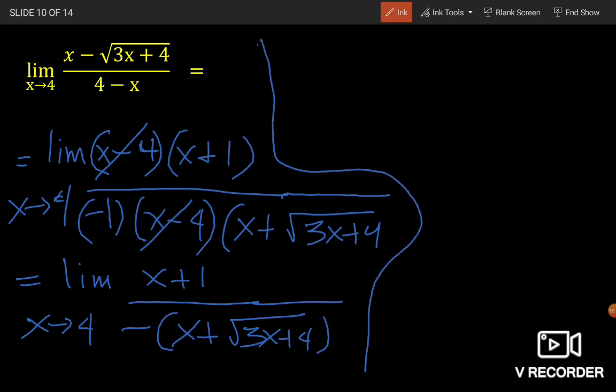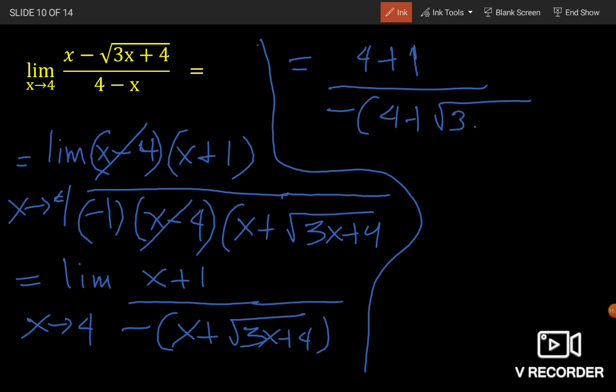Now, if we substitute x by 4, we have here 4 plus 1 divided by negative 4 plus square root of 3 multiplied by 4 plus 4.